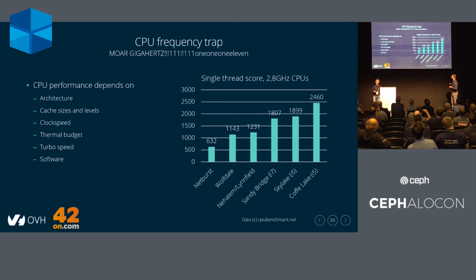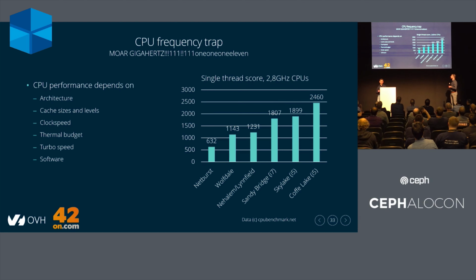So why is this happening? Because CPU performance doesn't rely on CPU frequency alone. Important factors are also architecture, cache sizes, and their performance, and the thermal budget.